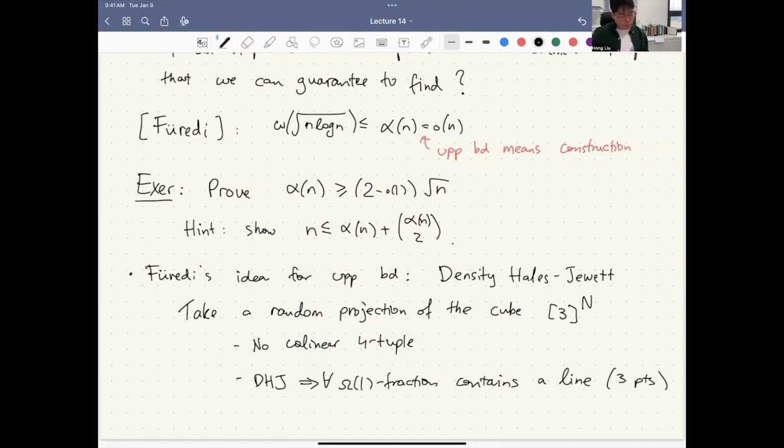This line contains 3 points. Okay. Right.